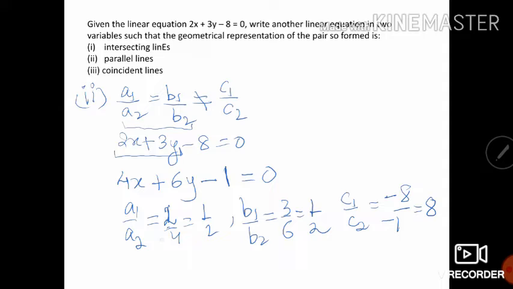So we have chosen values of a2, b2 and c2 in such a way that it satisfies the condition. So this is our equation. You can write as many equations as you want by choosing appropriate values to satisfy this condition.